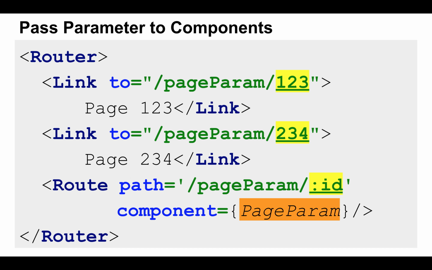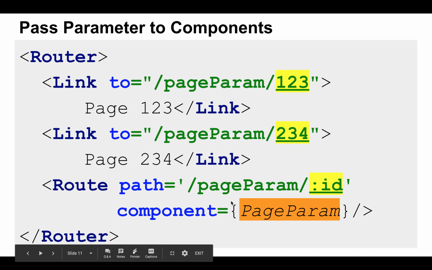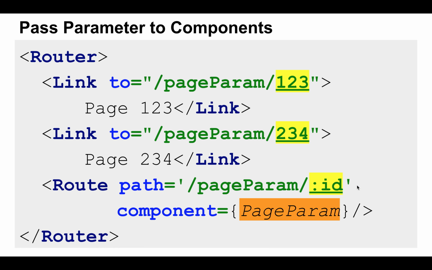So here, what we can do is configure the route so that the path is not a literal string. Instead, one portion is static, it's literal, and then part of it is a placeholder.